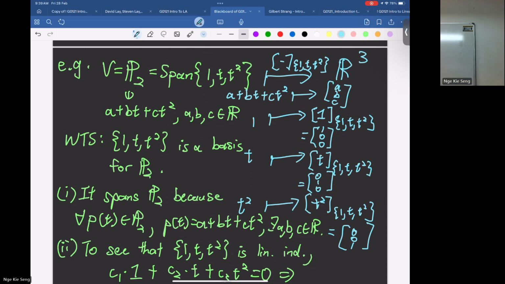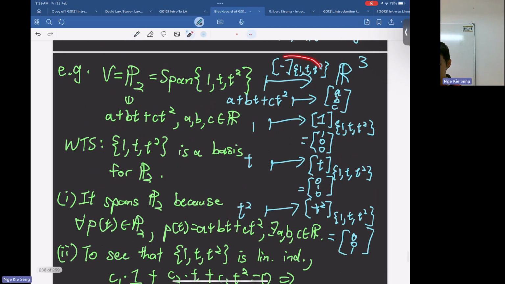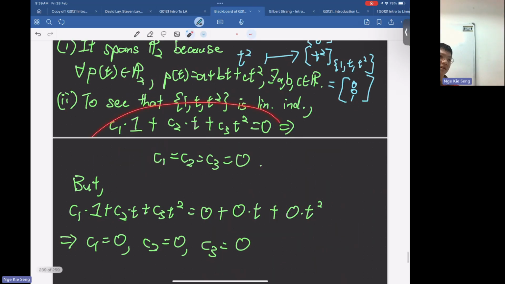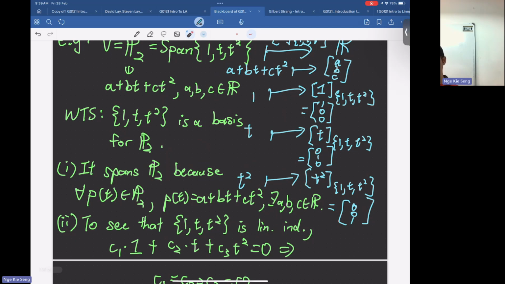If you don't believe me, you can go back and use this coordinate vector in our calculation here. The calculation we did here is exactly the finding pivot problem, solving the matrix formed by this standard basis.